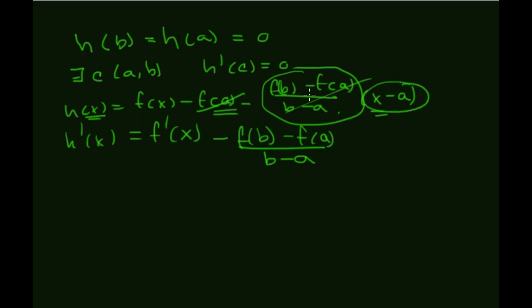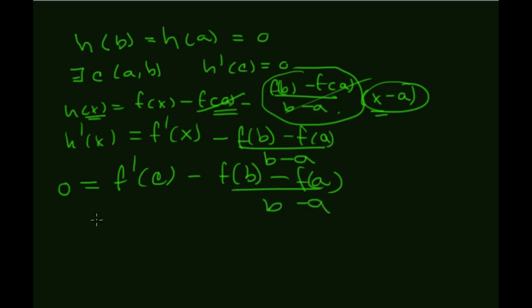Derivative of that is 1, that constant comes down. Okay, so when we're at c, h prime of c is 0, right, so it has to equal f prime of c minus this thing, (f of b minus f of a) over (b minus a).